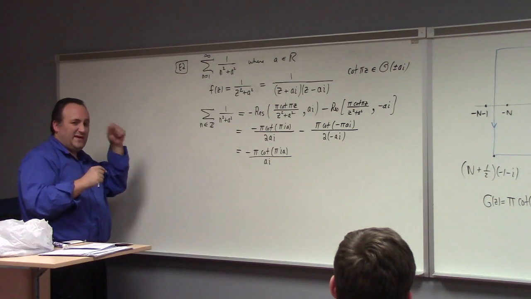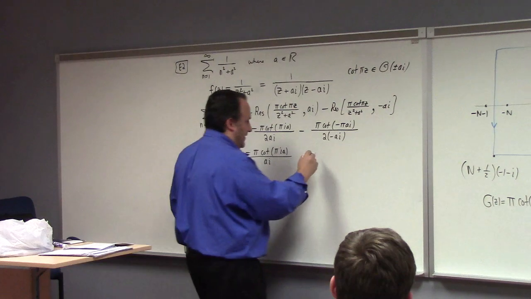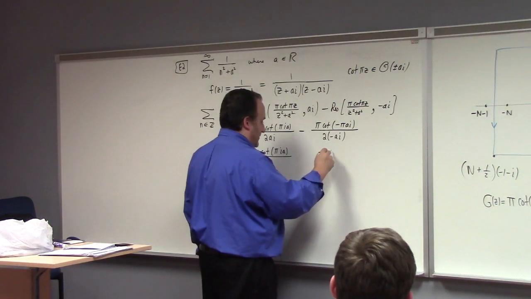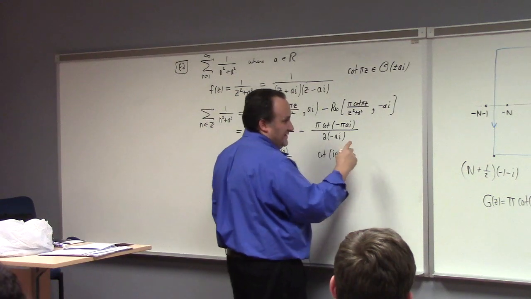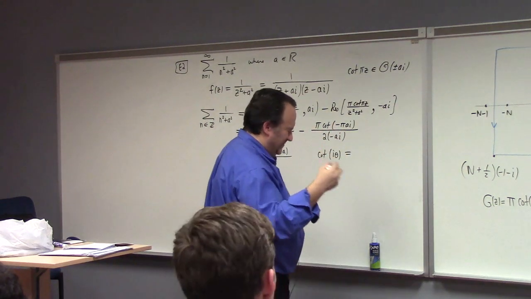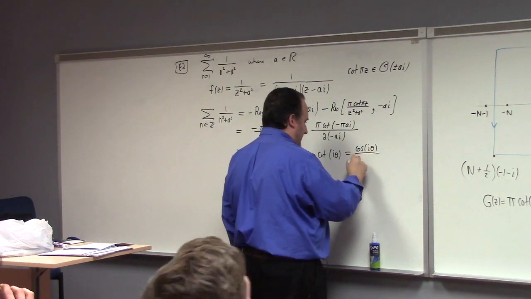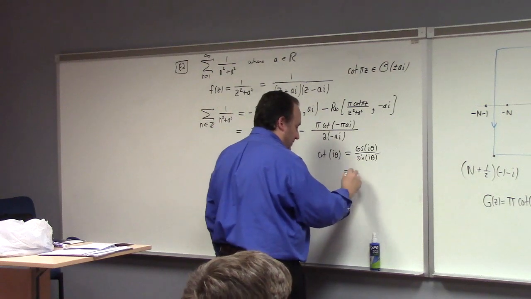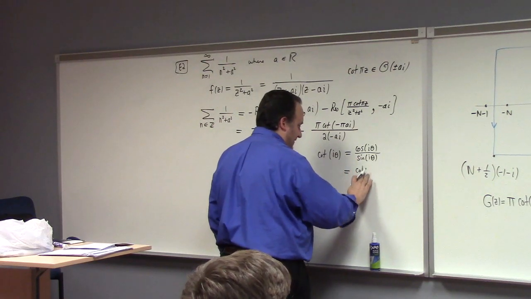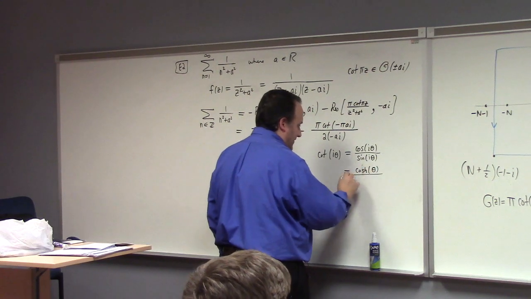we can switch that, right? How does cotangent relate? What is cotangent? So if you got cotangent of, let's say, i theta, that's cosine of i theta over sine of i theta, right? But what's that? That's cosh of i theta, isn't it? Or cosh theta.